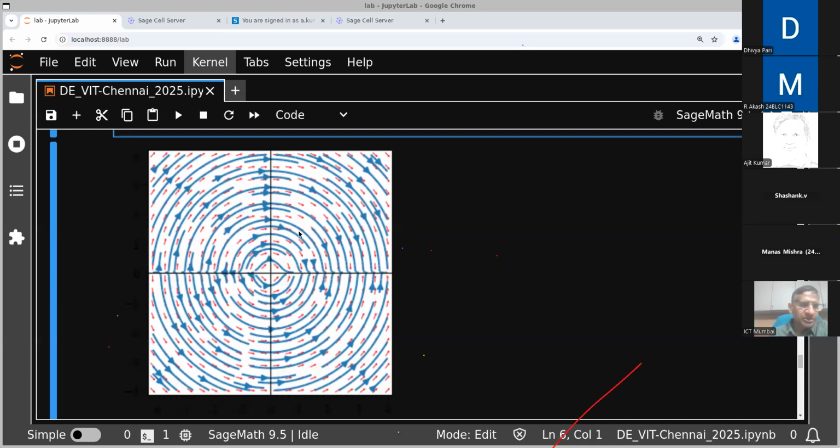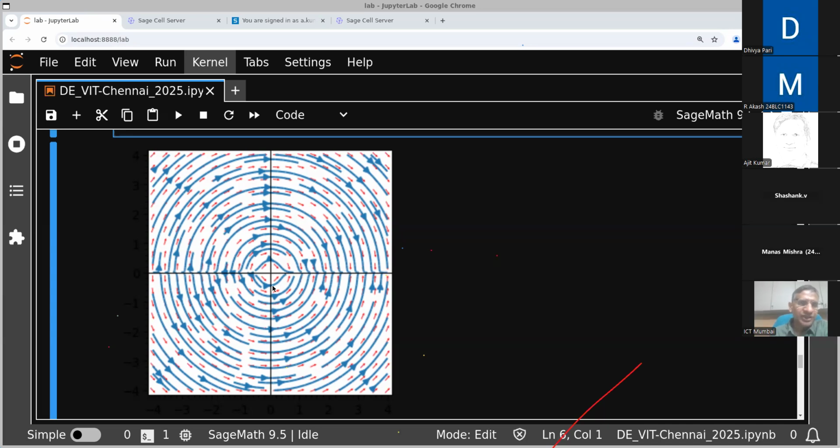So what kind of curves are these? I want some answer. What kind of solution curves are these? Any of you? These are circles, no? Concentric circles. So the solution is going to be a circle.